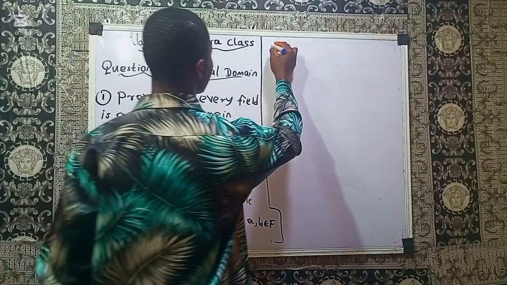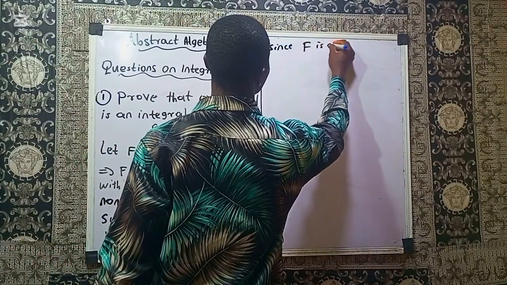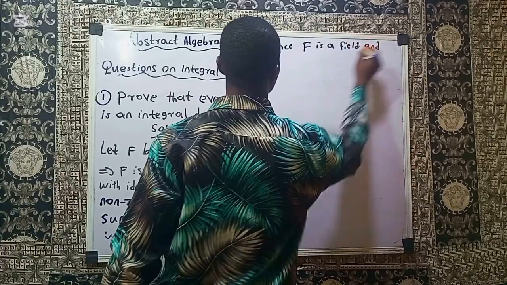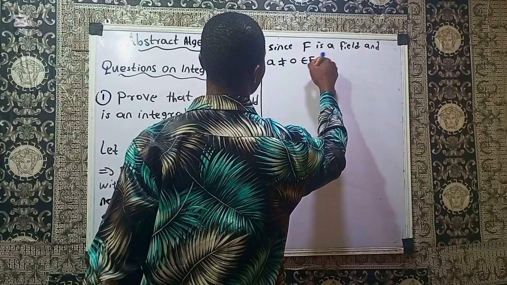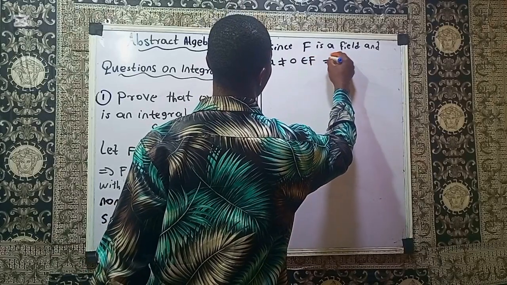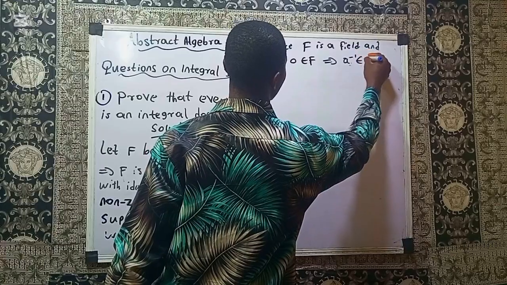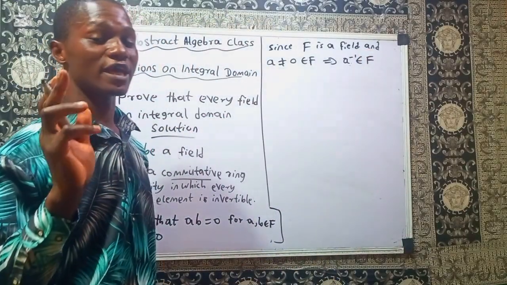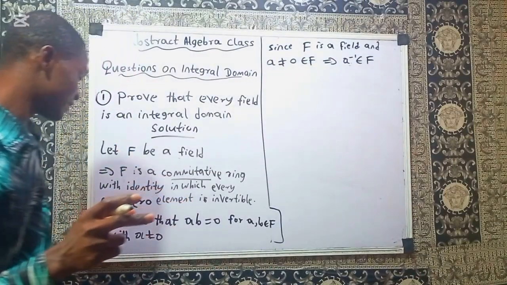Since F is a field and a is not 0 in F, this implies that a inverse exists in F. Because F is a field, every non-zero element of that field has a multiplicative inverse.